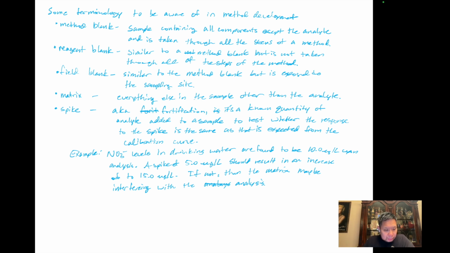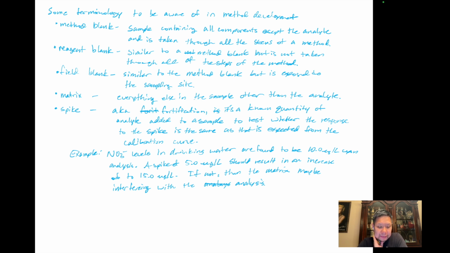So there's a formula we could use to determine what our actual spike recovery is, right? Again, if you look at the example, if we have a sample of 10 micrograms per liter and we add in a spike of 5 micrograms per liter, we should end up with a total of 15 micrograms per liter.